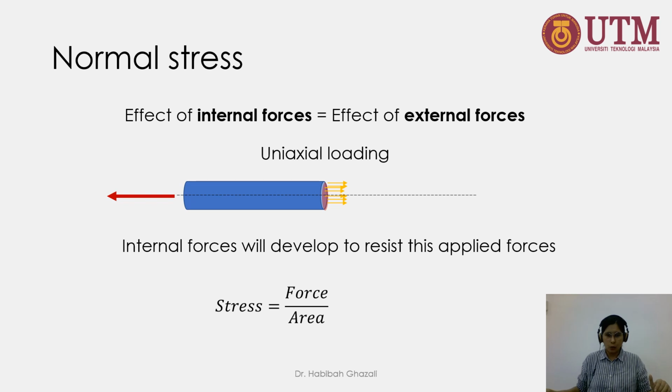So the equation for stress is force divided by area. And this is represented with the Greek letter sigma. So normal stress is when the applied force acts on the normal of the cross-sectional area.